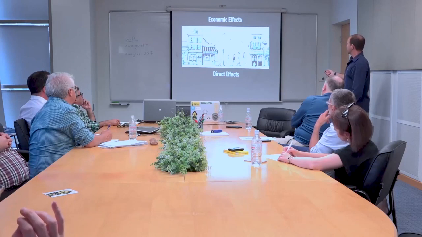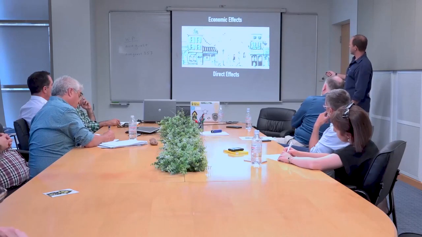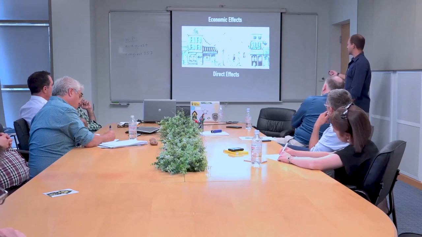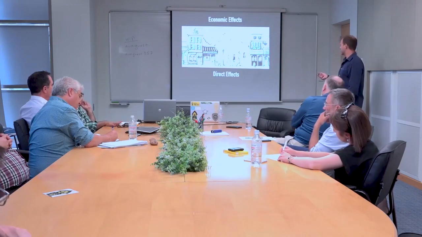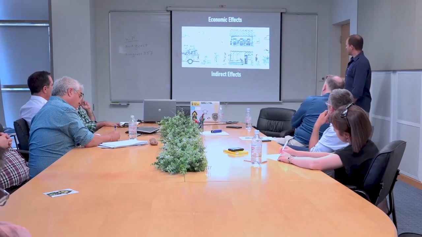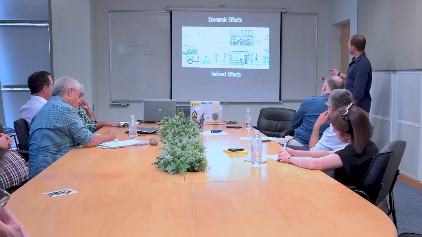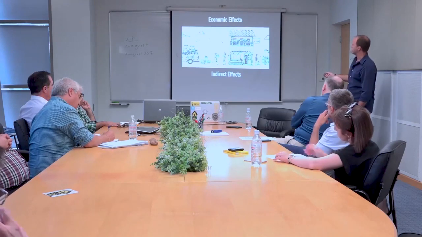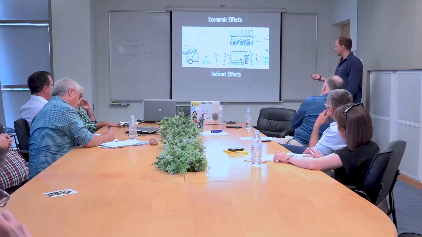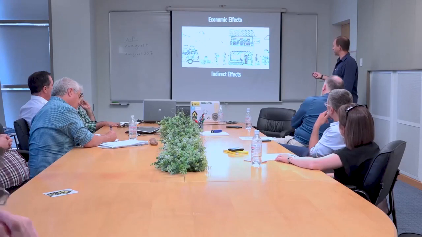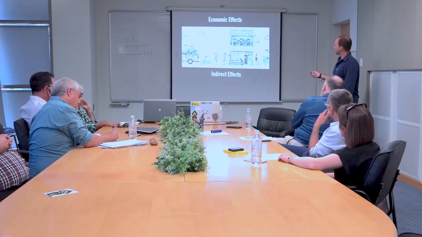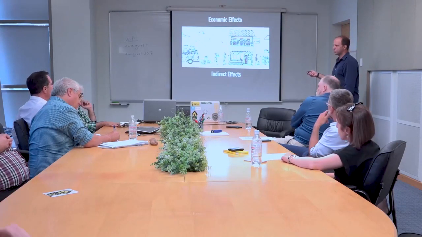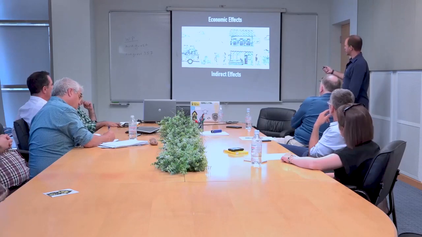Direct effect is the money that comes from the pocket of the tourist to the shops in the region, for example. So the money comes from the tourist and goes to the restaurant. Indirect effect: the owner of the restaurant needs to buy supplies to serve the tourists. So the money that she gives to the farmers who supply her is the indirect effect.